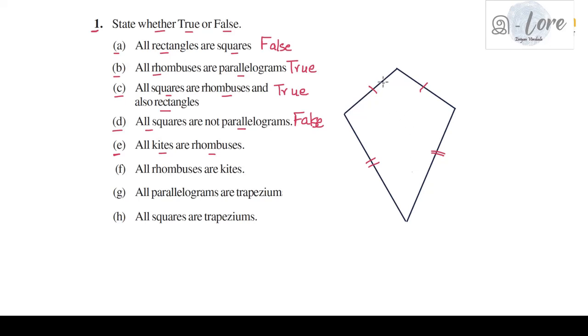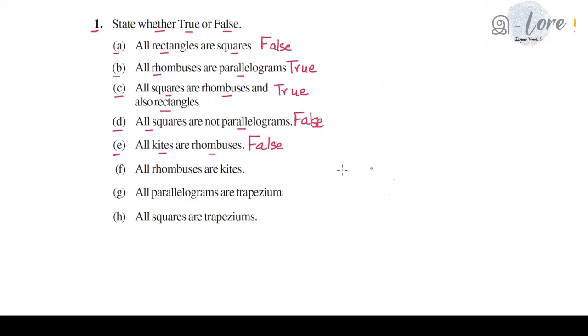So we have one pair equal with each other, and the other pair of sides equal with each other, but all the 4 sides may not be equal to each other. So all kites cannot be rhombuses, because a rhombus is a parallelogram in which all the 4 sides are equal. A kite may not even be a parallelogram. So statement E is false. All kites are not rhombuses.